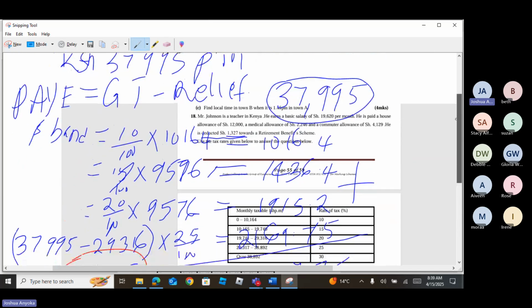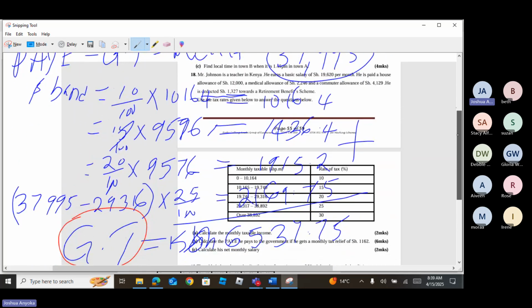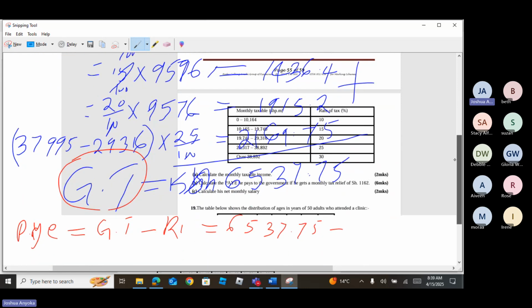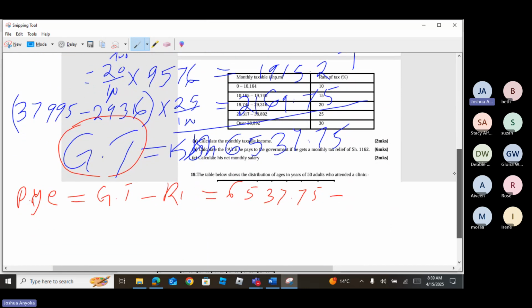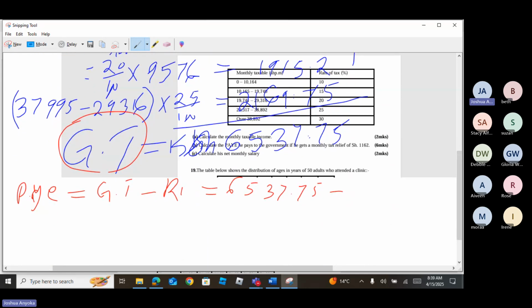We don't have any mention of insurance anywhere. If insurance is mentioned, we wait to see how we should handle the relief. But now we have only one relief. Calculate the PAYE he pays to the government if he gets a monthly tax relief of 1162. So minus 1162. What do you get?